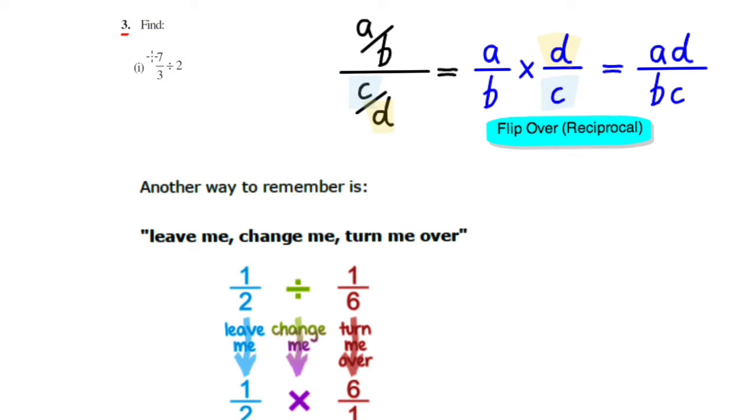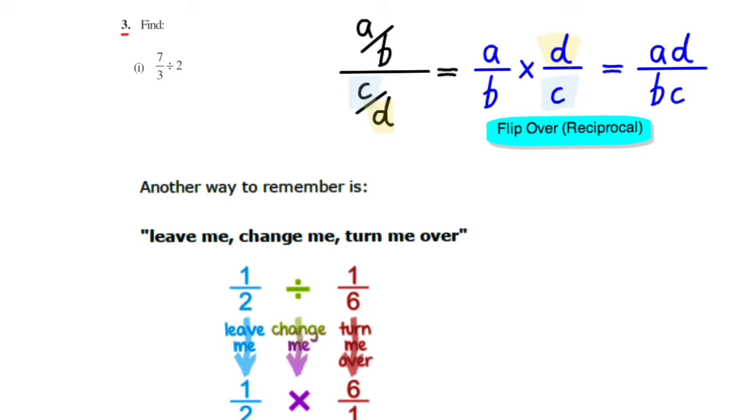Question number 3 says that there are some parts in the question and you have to find the value after dividing them. As you know, whenever we divide any two fractions, or divide any fraction by a whole number, what we basically do is flip the denominator part, or whatever part is present at the bottom, and put the multiplication sign.